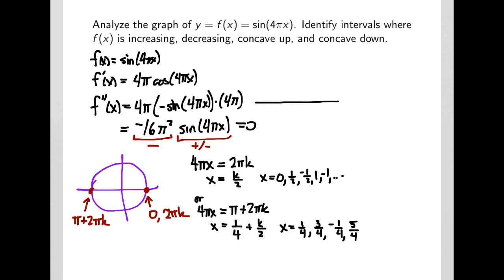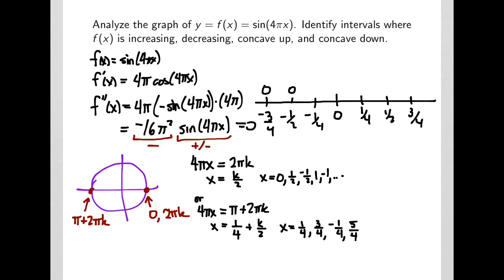So as I do my sign analysis for my second derivative, I'm going to have every quarter listed: 0, a quarter, a half, 3 quarters, minus a quarter, minus a half, minus 3 quarters. These are all the places where the second derivative equals 0. And I'm running out of space, so I'm going to clear a little space.